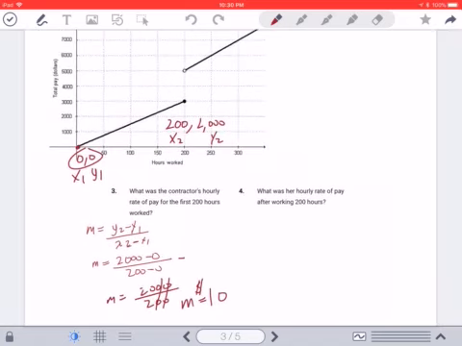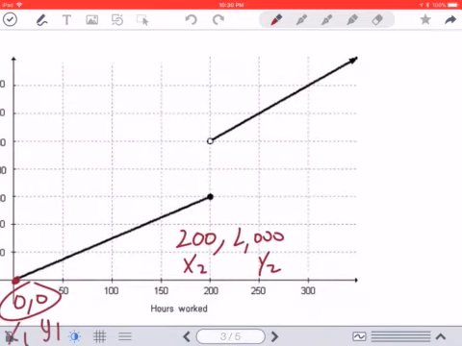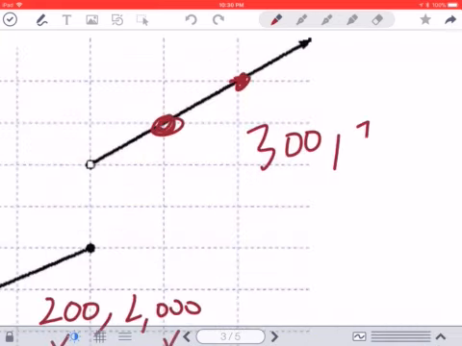Okay, then the next part, the hourly rate after working 200 hours. Okay, maybe he gets a raise after working 200 hours. Well, the slope, let's check out the slope. Okay, we can do kind of the same thing. It goes through this point, and it goes through this point right here. So this is the point over 300, up 7,000.